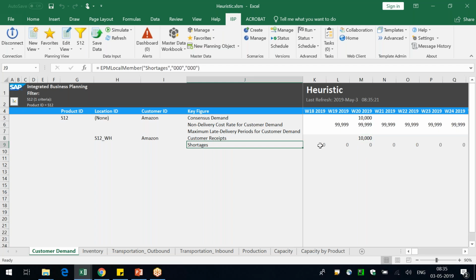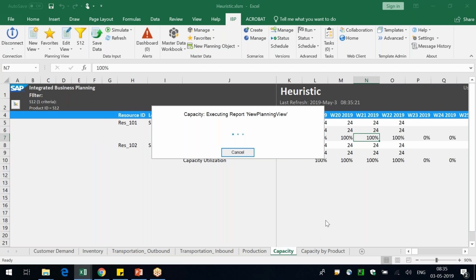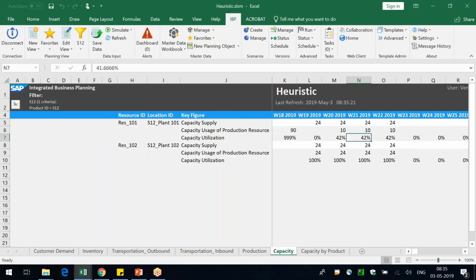So you can see the demands are met, 10,000, and the shortage is 0. Now let's see what's happening at our production locations.